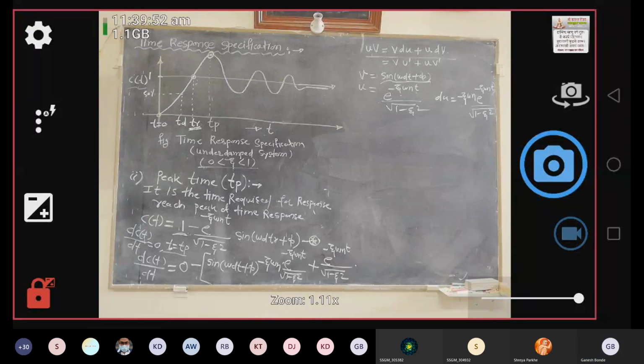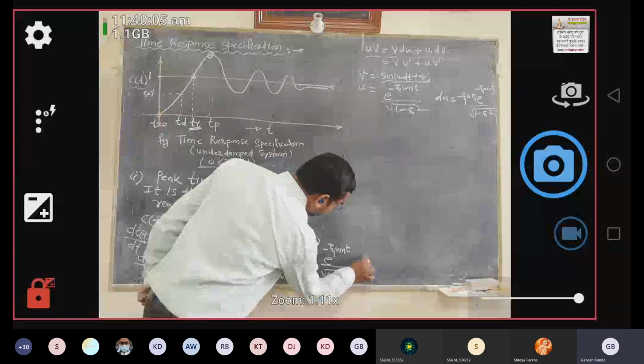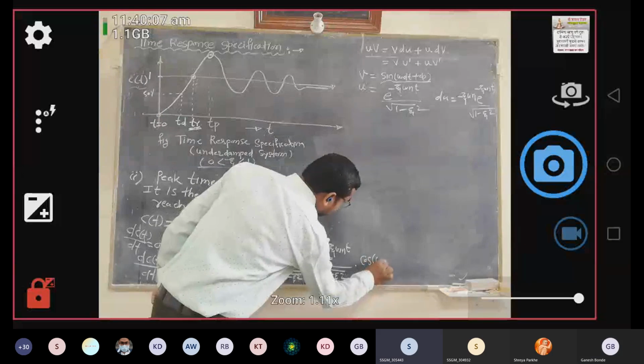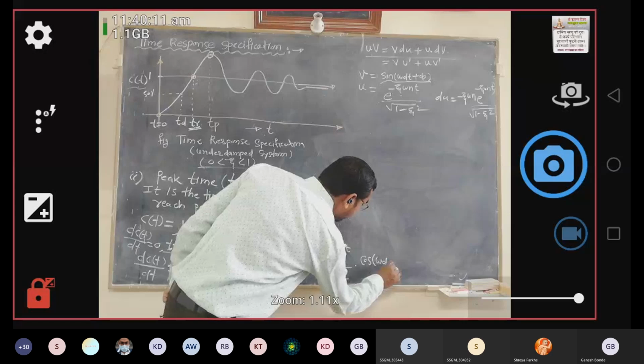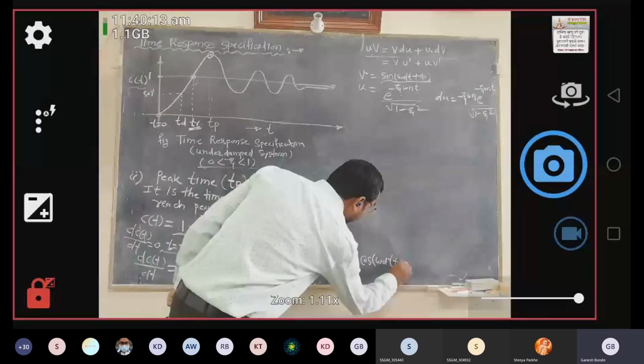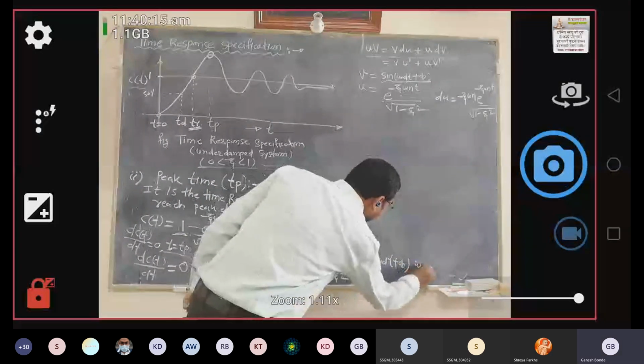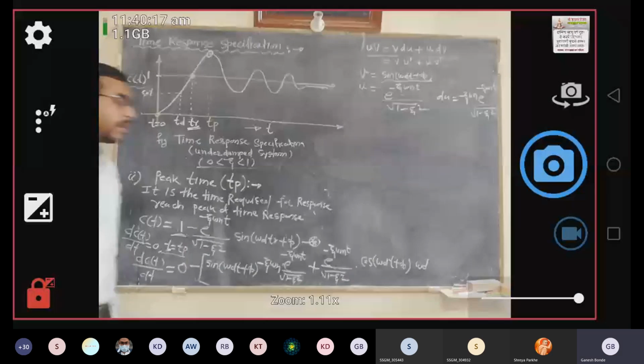What is the derivative of sin of omega dt plus phi? It is cos of omega dt plus phi into omega d. Am I correct?